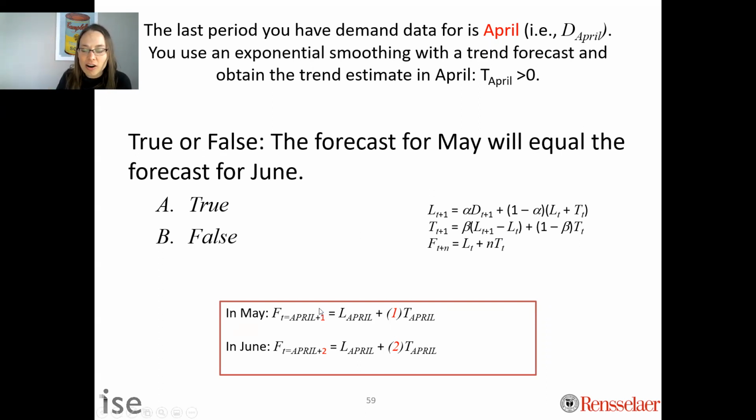And so these are similar forecasts, but they're not exactly the same. Note that we account for one step of that trend in May because we're one step away. We account for two steps of that trend in June because we're two steps away from our most recent data. So hopefully that makes sense.